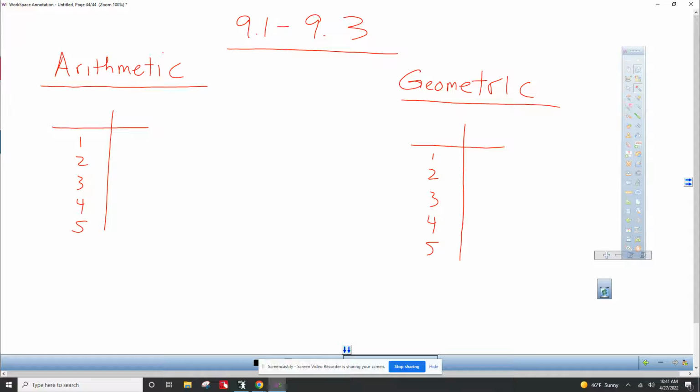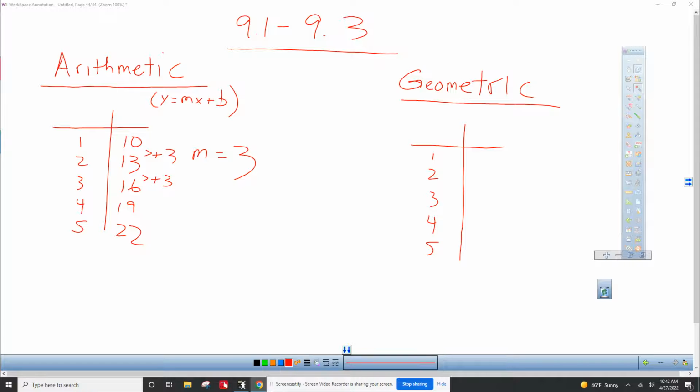So in arithmetic, this is y equals mx plus b. You're used to this, okay? So let's say it was 10, 13, 16, 19, 22. Okay, what's going on? Well, we're going up by 3 every time. That is our slope. What's our y-intercept? I don't know.